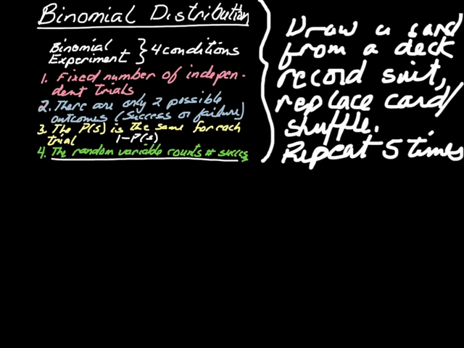So first of all, the little example I was telling you, I want to draw a card from a normal deck of cards. I want to record the suit, and then I want to replace the card and shuffle, and then I want to repeat this 5 times.